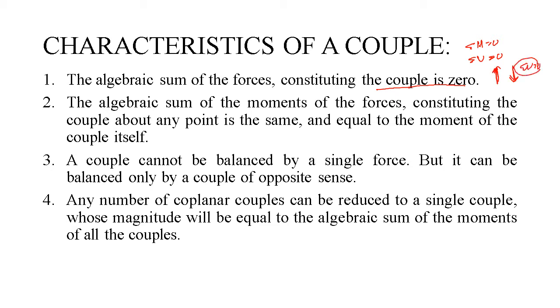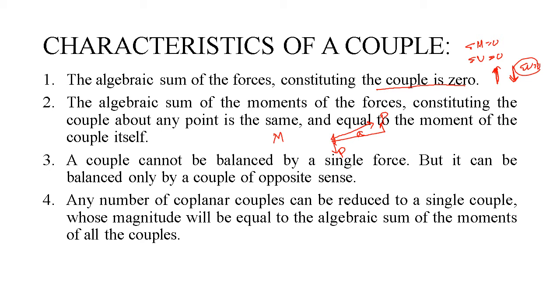The algebraic sum of the moments of the forces constituting the couple about any point is the same and equal to the moment of the couple itself. This is the couple, P and P, and this distance is A. What is the value of the moments?